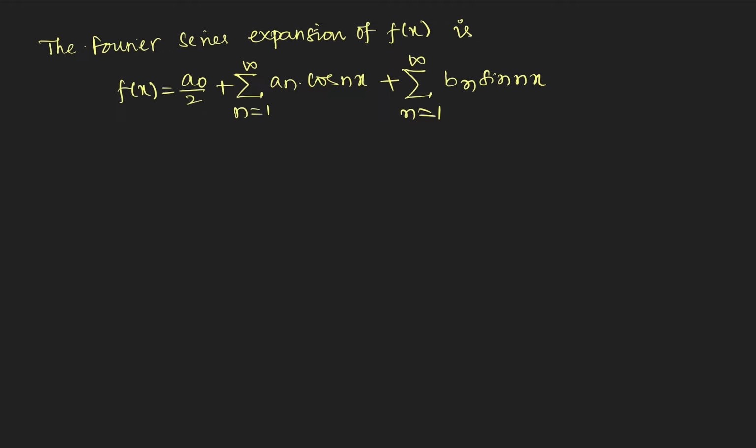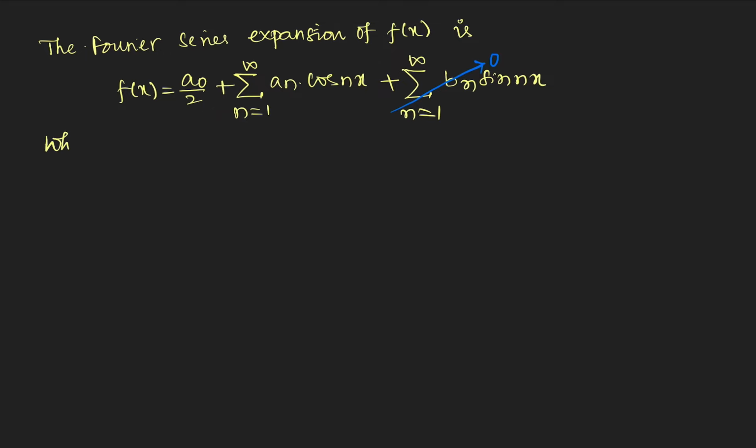Since the given function is even, bn goes to 0, so the sine terms disappear. We need to compute only a0 and an.